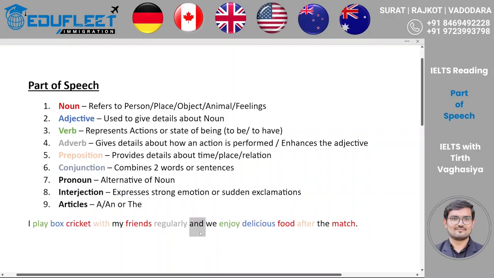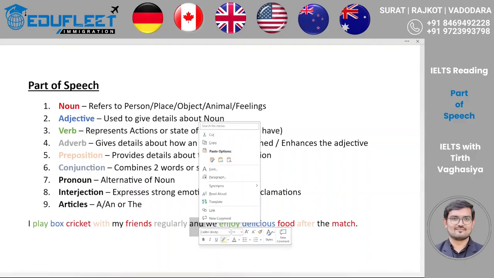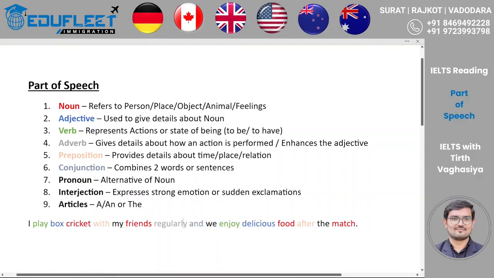Yes, we have. This is the conjunction that has combined two lines together. We play box cricket with my friends and we enjoy delicious food after the match. So here the and is used to combine these two lines.